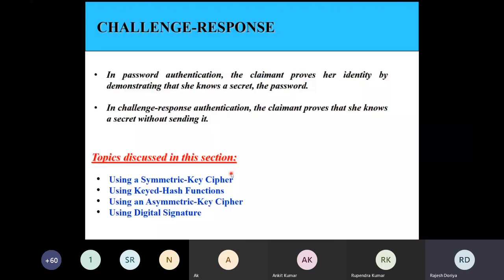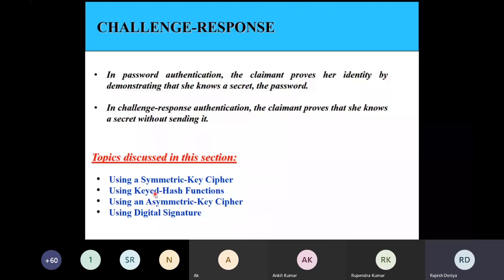These are the types of challenge response based authentication: symmetric key hash functions, asymmetric key ciphers, and digital signatures. The challenge response based authentication scheme can be facilitated with the help of these types.